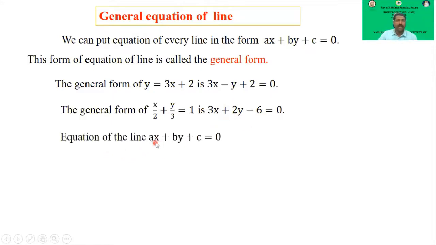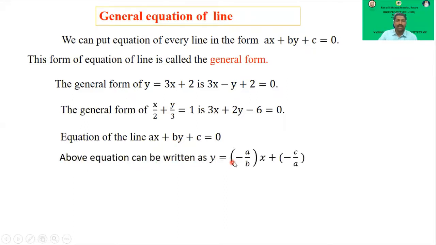Equation of the line ax plus by plus c is equal to 0. This equation can be written as y is equal to minus a upon b into x plus minus c upon b, dividing both sides by b.